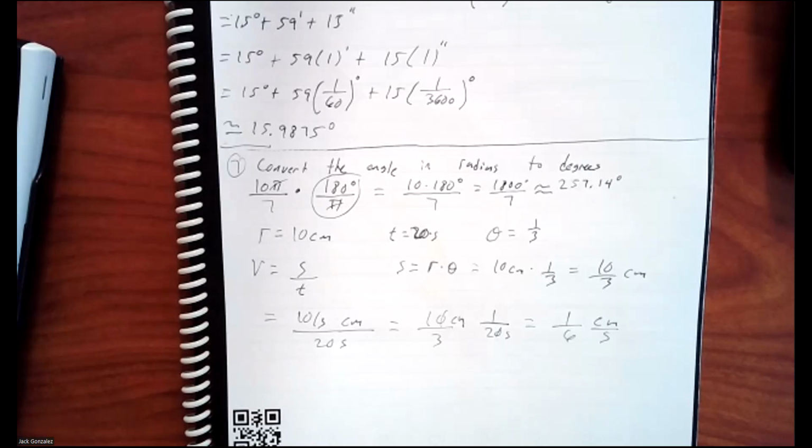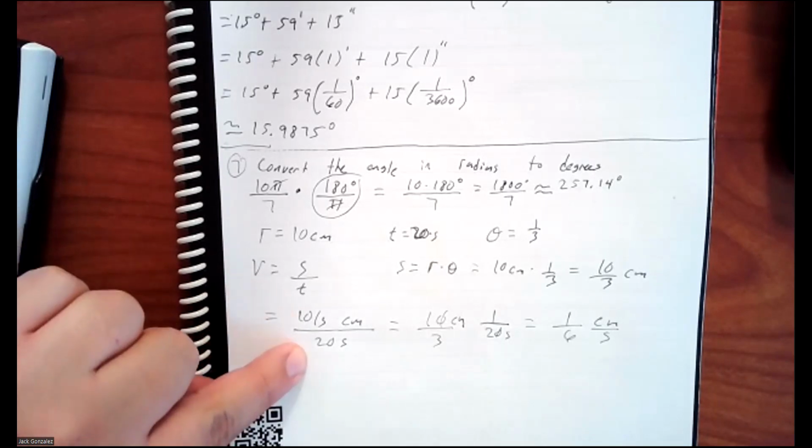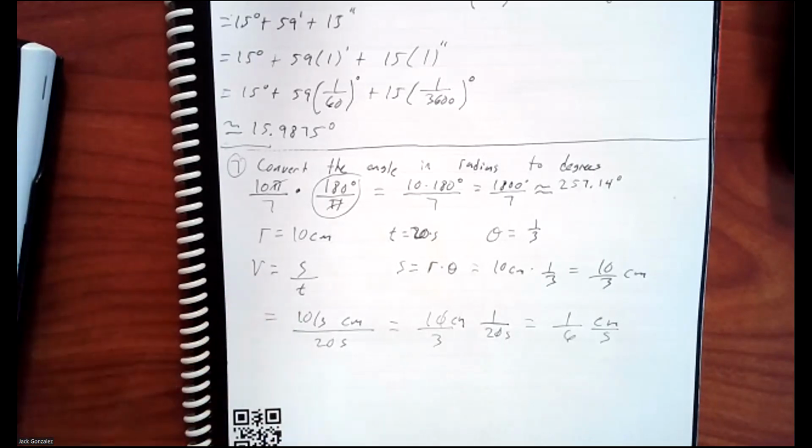Any questions on number 7? So you put this in the 20 seconds. Yeah, this is 10/3 centimeters per 20 seconds. So we've got to reduce this so we can have centimeters per second. Whenever you have powers of 10, you can always do that.